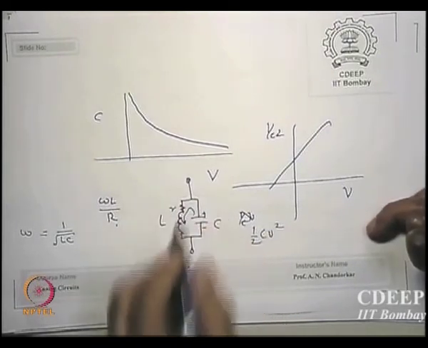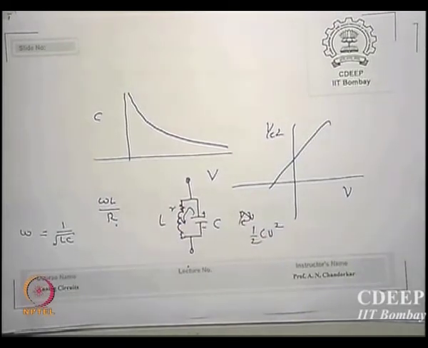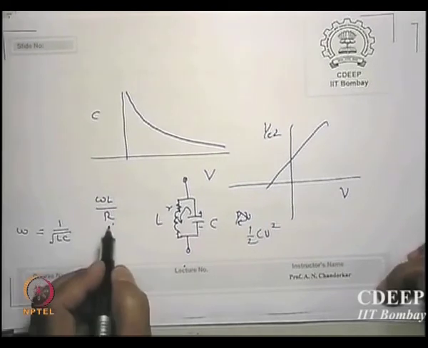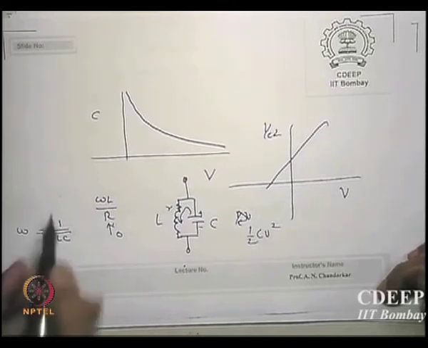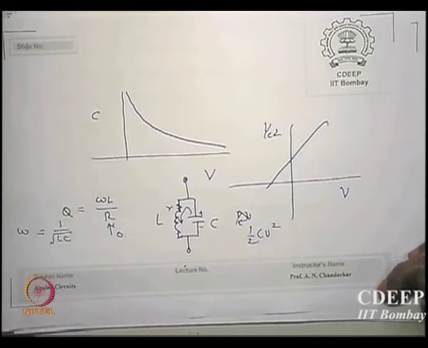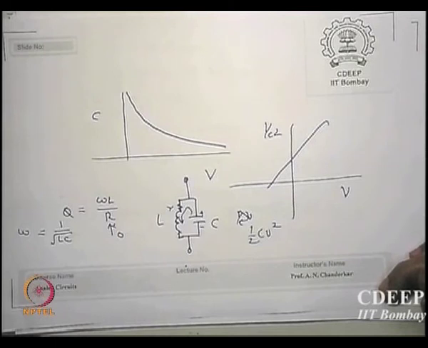Every time you charge it back, some energy will be lost, so the oscillation will start damping down. Okay, so this energy dissipation factor is essentially called the quality factor. And therefore if R is 0, which is ideal, how much is the Q for this? Infinite. So the larger the Q, the better the tank circuit.